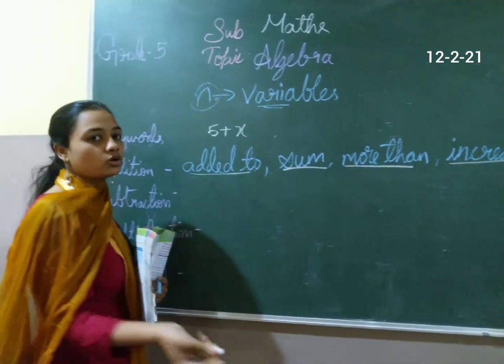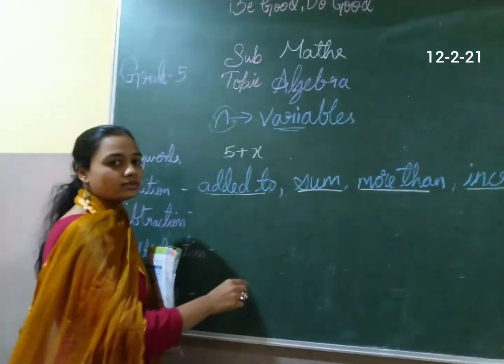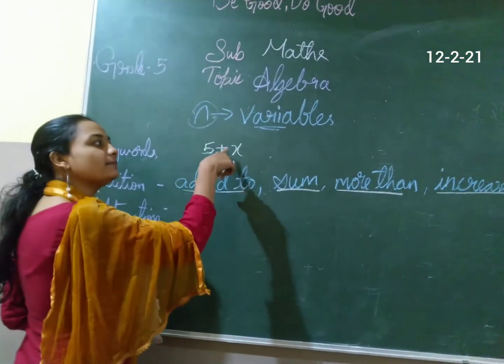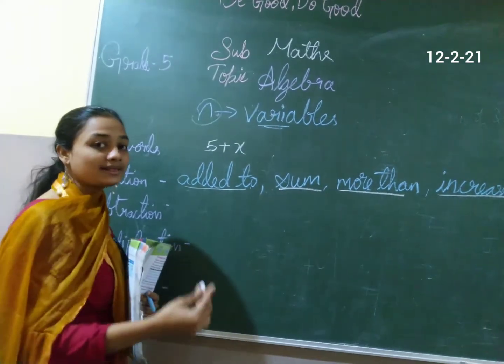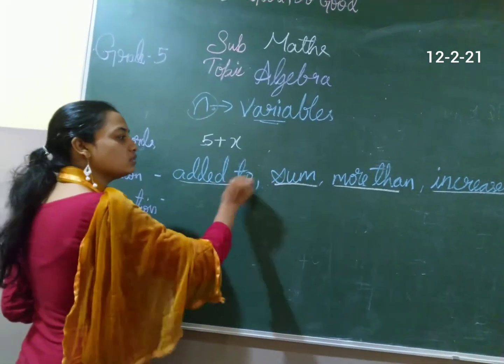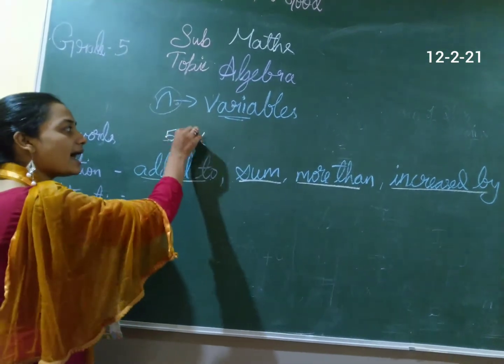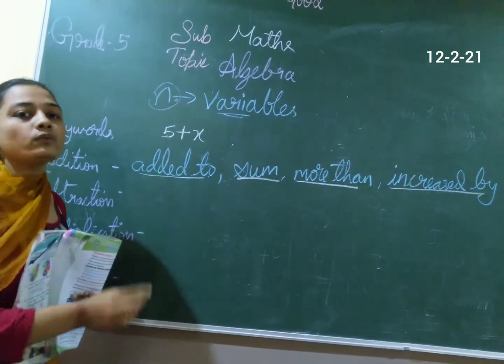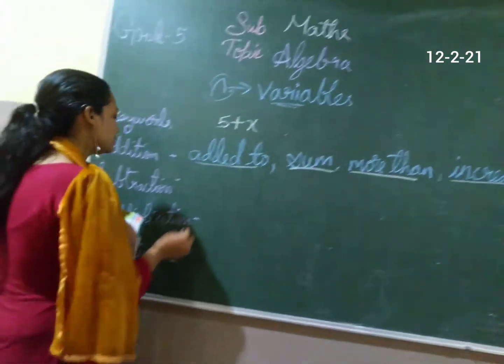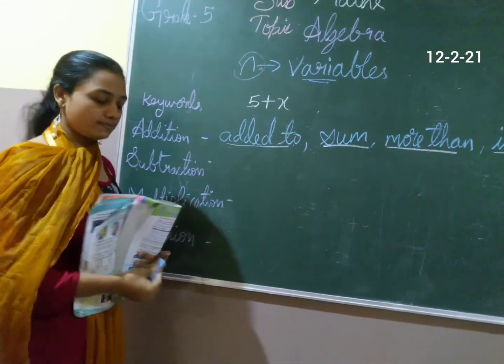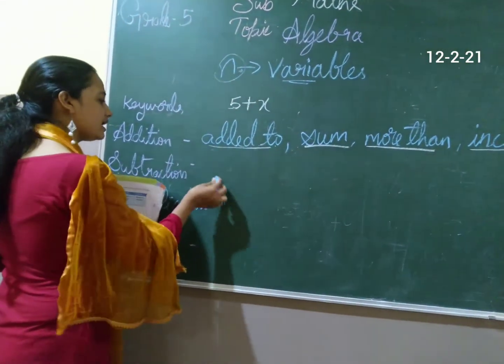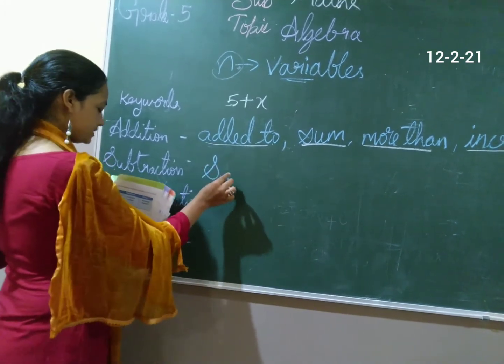I added those chocolates with my chocolates. So the equation is 5 plus X. If you see these words in the sentence, it means you should add the variables.